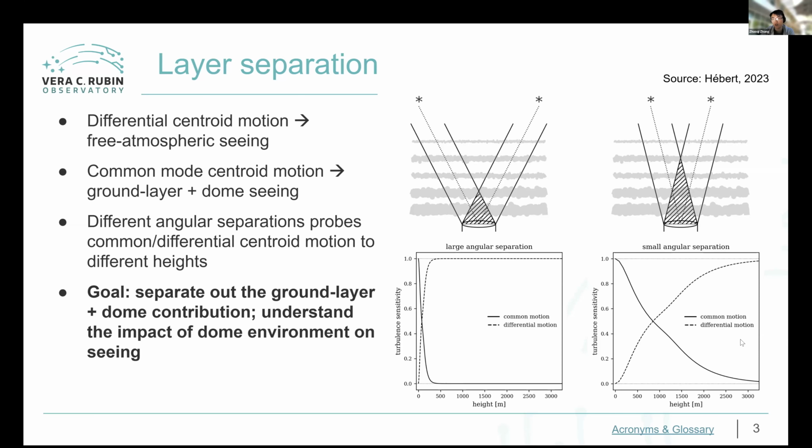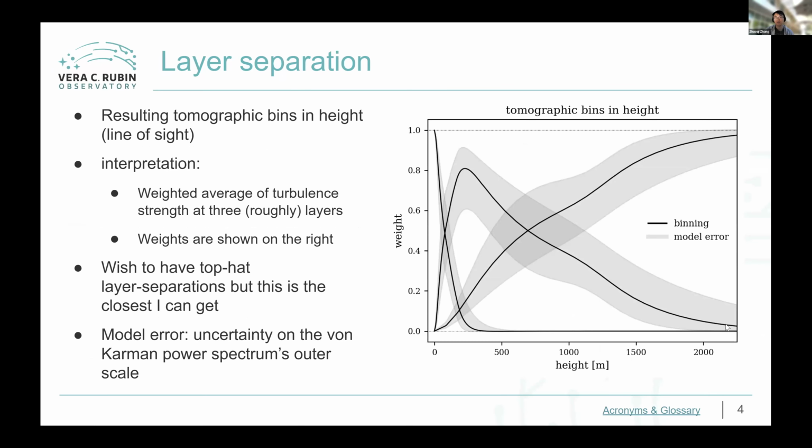So yeah, this is the eventual layer separation that I was able to get. Basically, I can separate the scene into 3 bins.